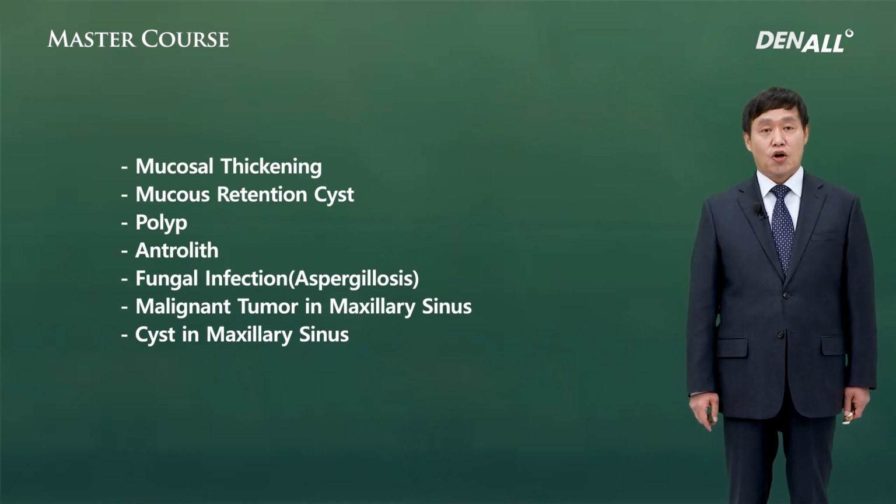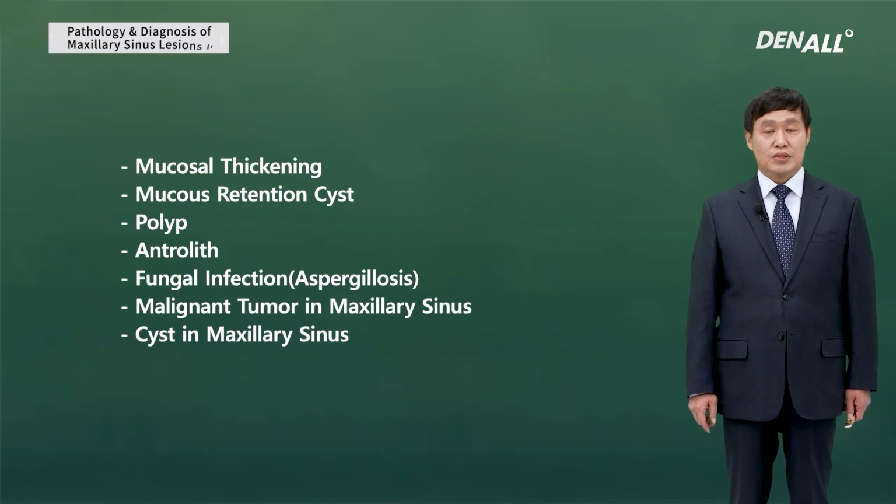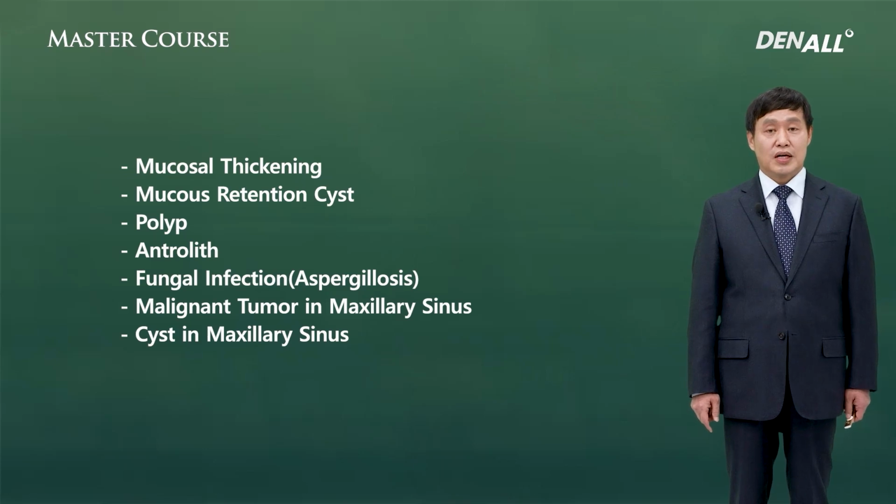I've shown you clinical images as well as sinus lesions which require CT as well as panoramic image for accurate diagnosis. You will not come across these cases very frequently, but if you make an accurate diagnosis of these sinus lesions, you'll be able to come up with a better implant treatment plan and do implant treatment in a successful manner.